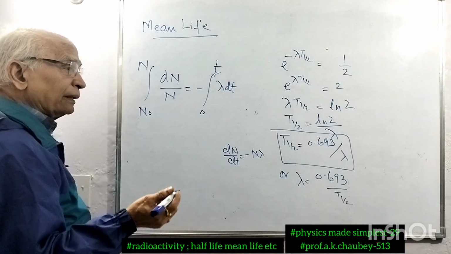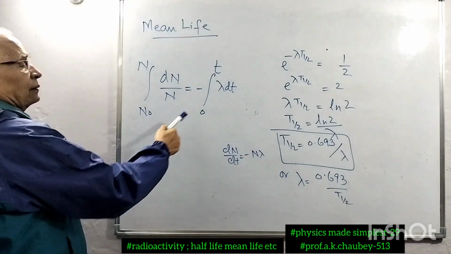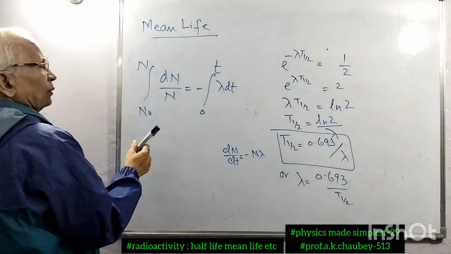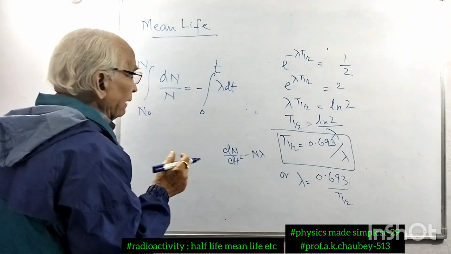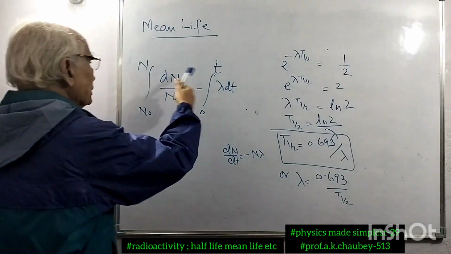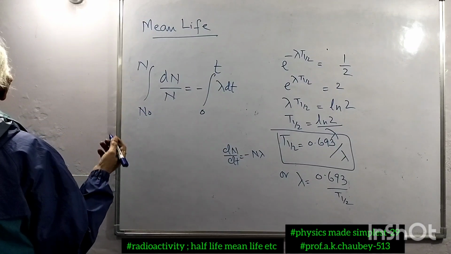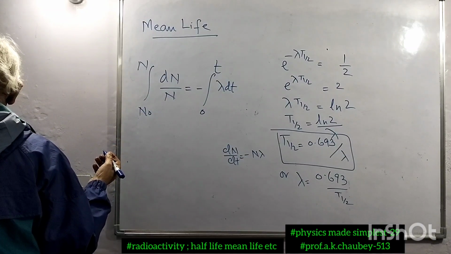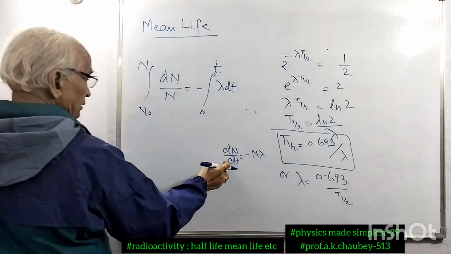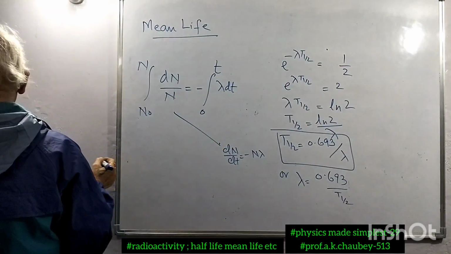And to get the average life, we integrate this expression over the limit from 0 to t, because some have lifetime 0, some have lifetime infinite. From this relation we get this relation.